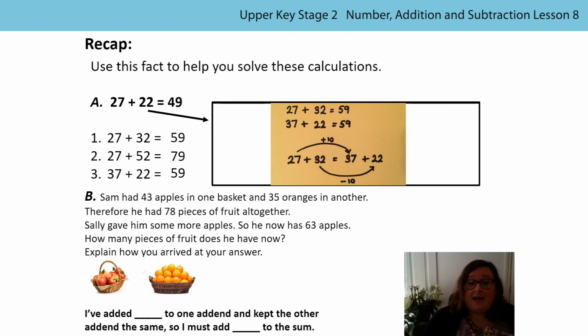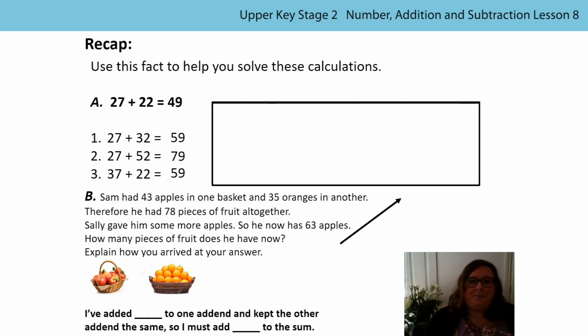I've added 10. So I need to redistribute the other addend, don't I? So instead of 32, I'm going to subtract 10, which will give me 22. And that means my sum is the same. So that's an interesting piece of learning that's linked us back to work we did earlier in this topic. I wonder if you spotted that connection.